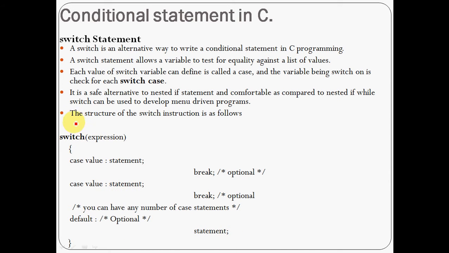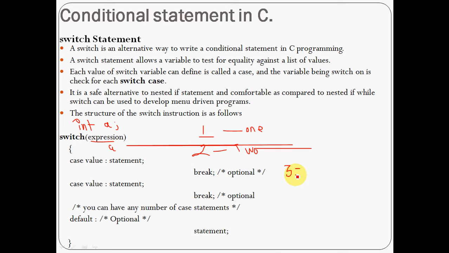Here I consider one example: I write integer a, and I take the expression value as a. Then I associate a message with each value: 1 with the message 1, 2 with the message 2, and 3 with the message 3.